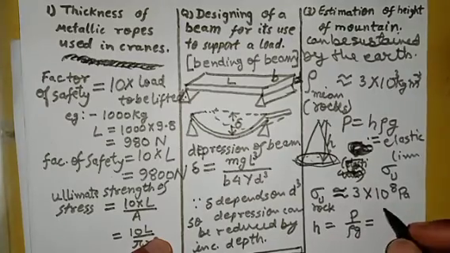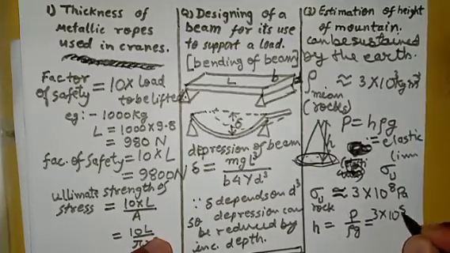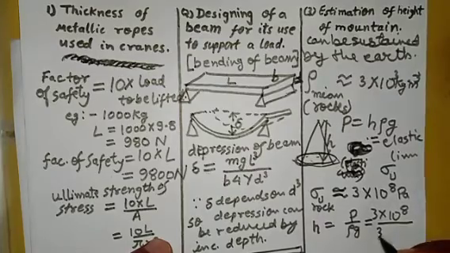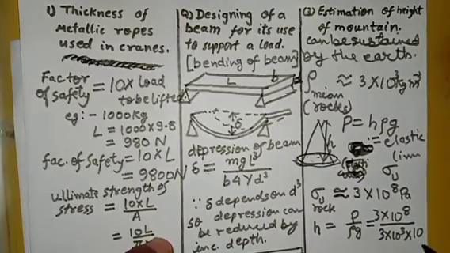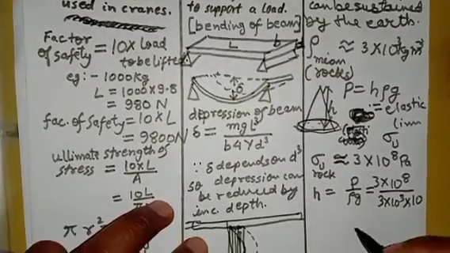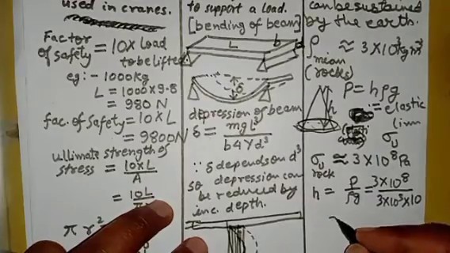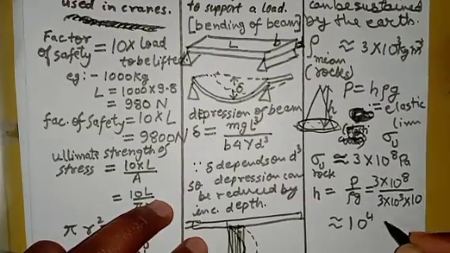So 3 into 10 to the power 8 upon rho 3 into 10 to the power 3 times g, approximately 9.8. I'm taking it 10. In the exam you can write 9.8 and then approximate it to 10. So if we calculate it, it comes out to be approximately 10 to the power 4 meter.